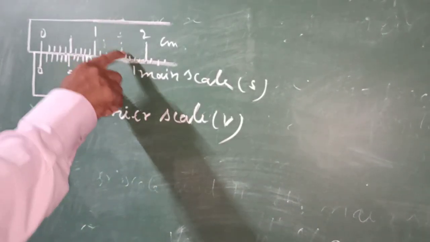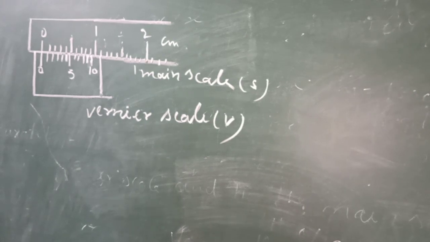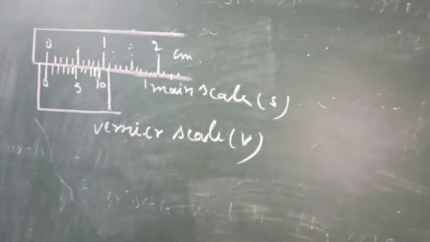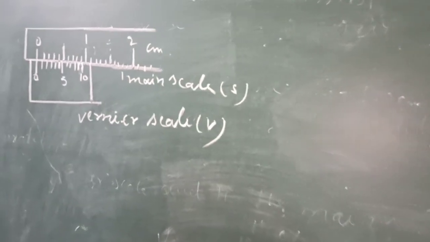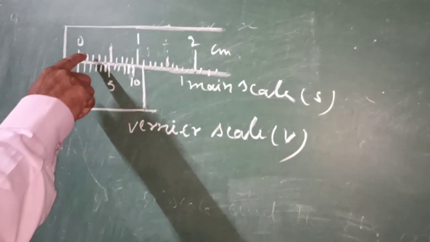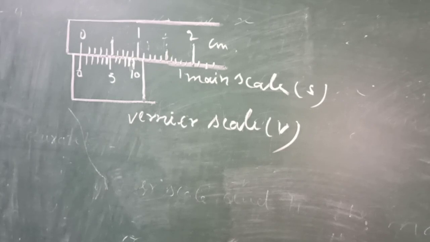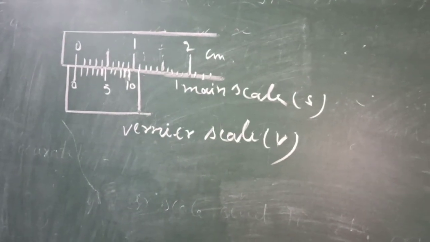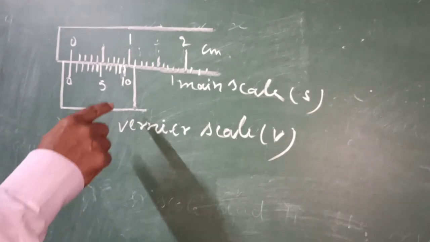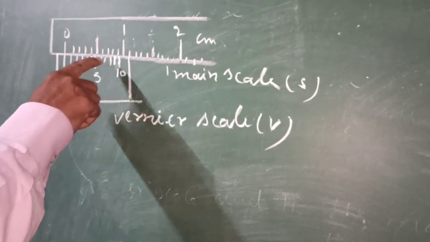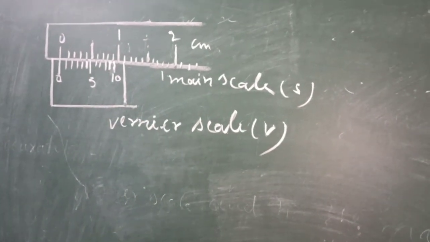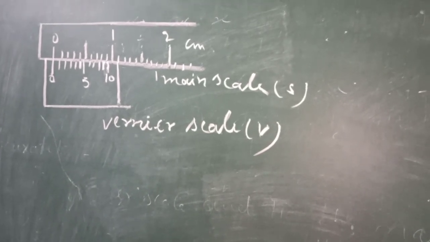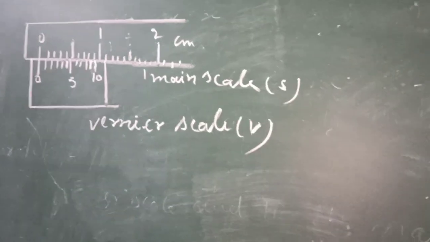The main scale is marked in centimeter and each centimeter is divided into 10 parts, that is millimeters. Vernier scale consists of 10 divisions that are equal in length to 9 millimeters on the main scale.